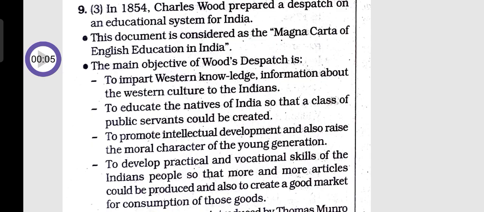The main objective of Wood's dispatch was to impart Western knowledge and information about Western culture to the Indians, to educate the natives of India so that a class of public servants could be created, to promote intellectual development and also raise the moral character of the young generation, to develop practical and vocational skills of the Indian people so that more and more articles could be produced, and also to create a good market for consumption of those goods. So option 3, Wood's dispatch.